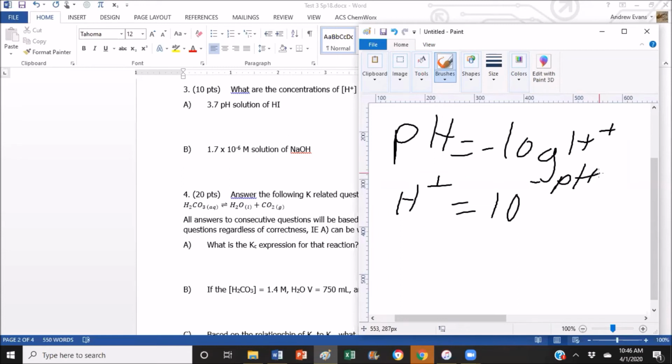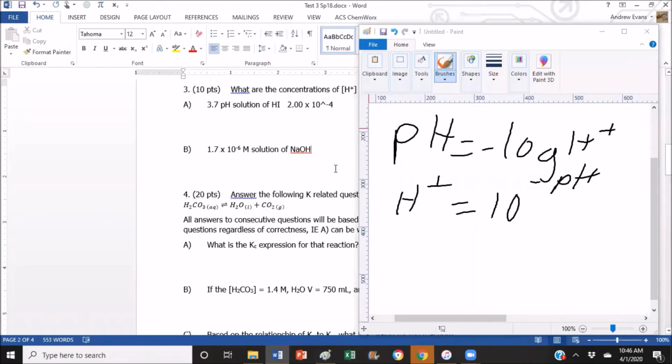So this is a strong acid, but we could easily say this is a weak acid and we'd still get the same result. So we do this, you get what? 1.99, so let's say 2.0 times 10 to the negative fourth. Easy peasy.